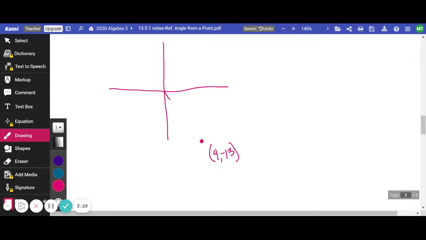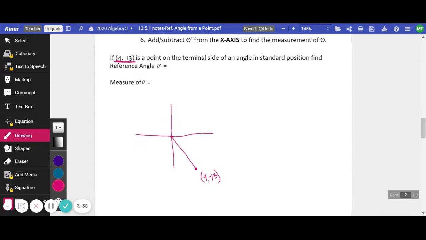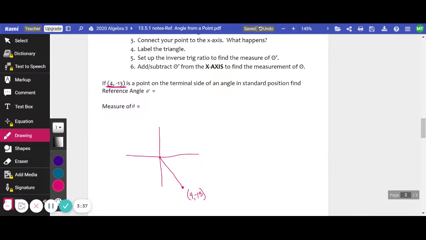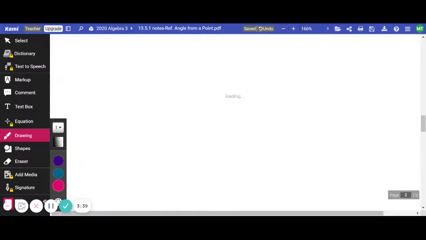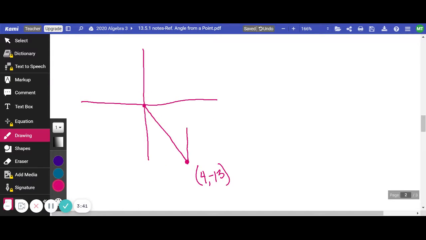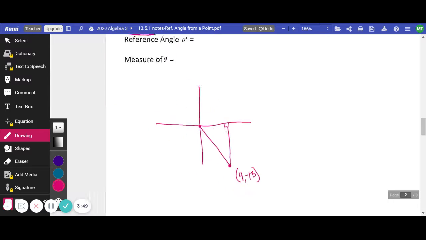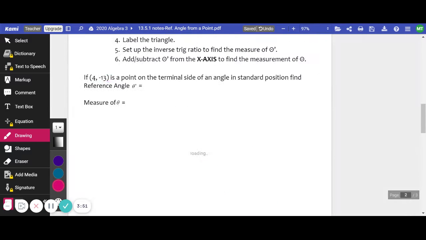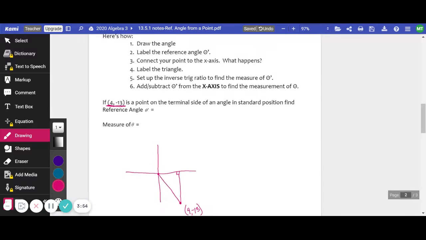What I'm going to do is connect it to the vertex of the angle. And then it says connect your point to the x-axis, so I'm going to go up here. Now, this is your right triangle. It says label the triangle.